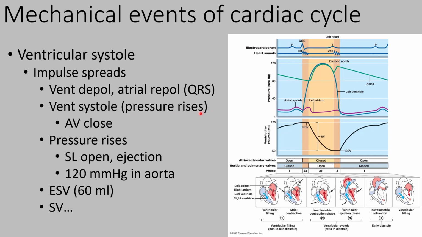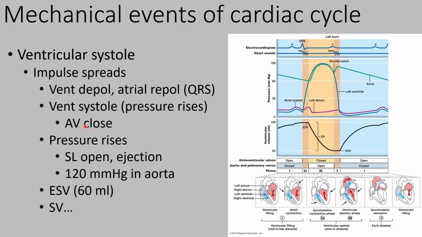They are squeezing on the blood inside the ventricles, and the pressure there is rising. So as pressure rises in the ventricles, the moment that the pressure in the ventricles is higher than the pressure in the atria, what's going to happen? The blood is going to go backwards, from the ventricles towards the atria where pressure is lower.